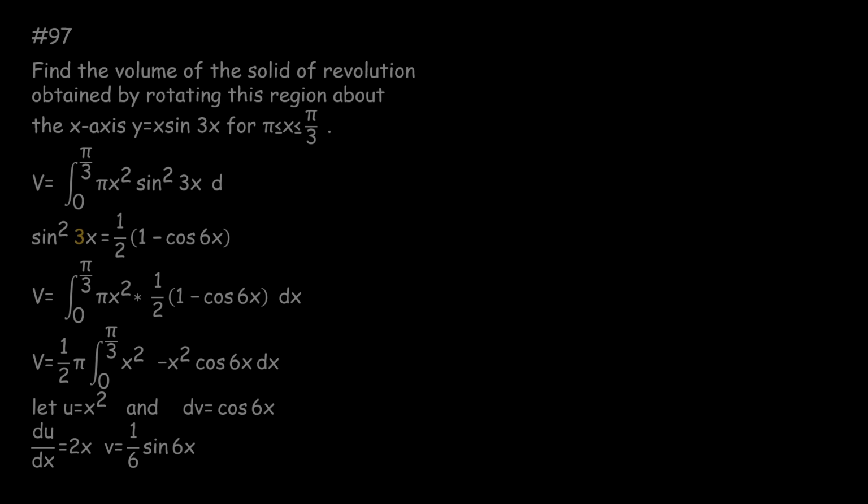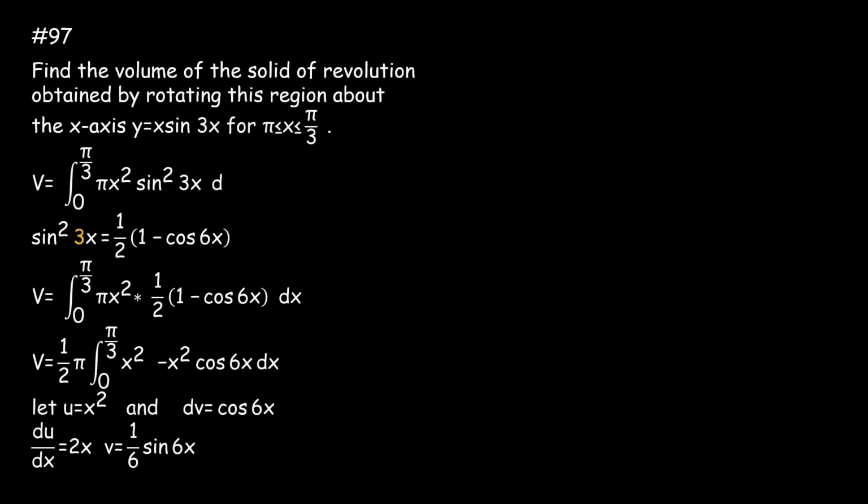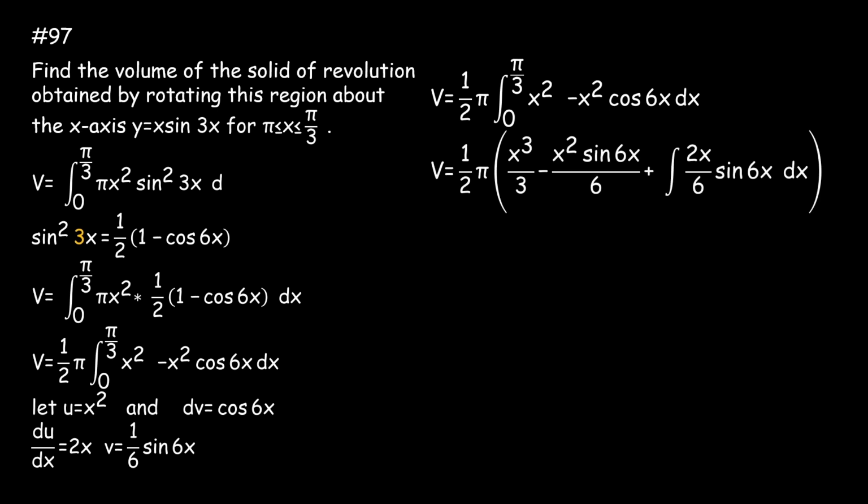Now our volume is half pi from 0 to pi over 3. So if this is our equation that we're trying to integrate, we replace each of the values. We'll have x cubed over 3 minus x squared sine 6x over 6 plus the integral of 2x over 6 sine 6x.